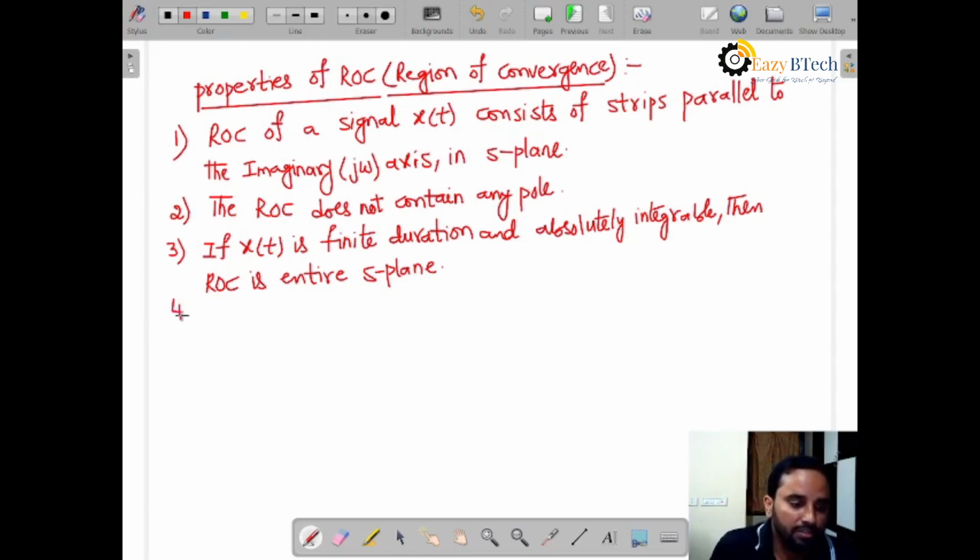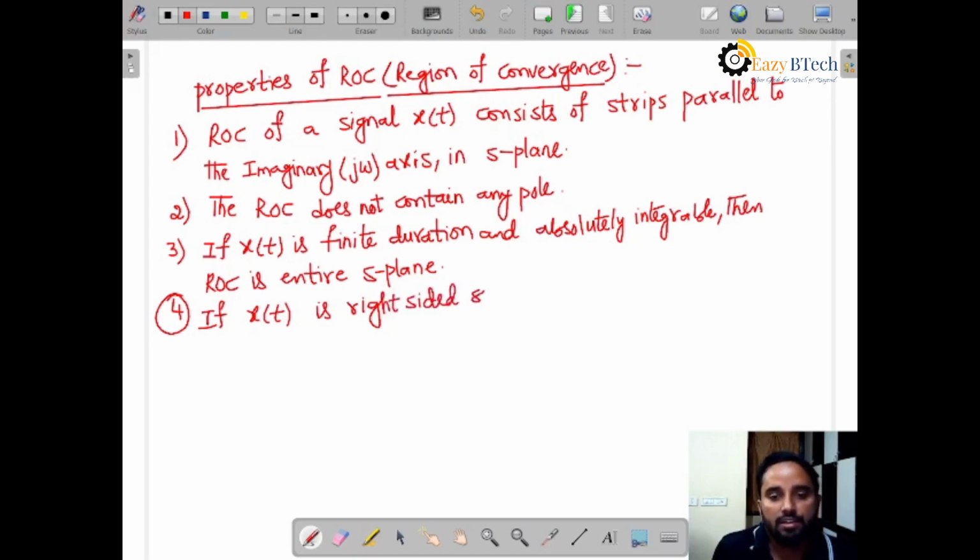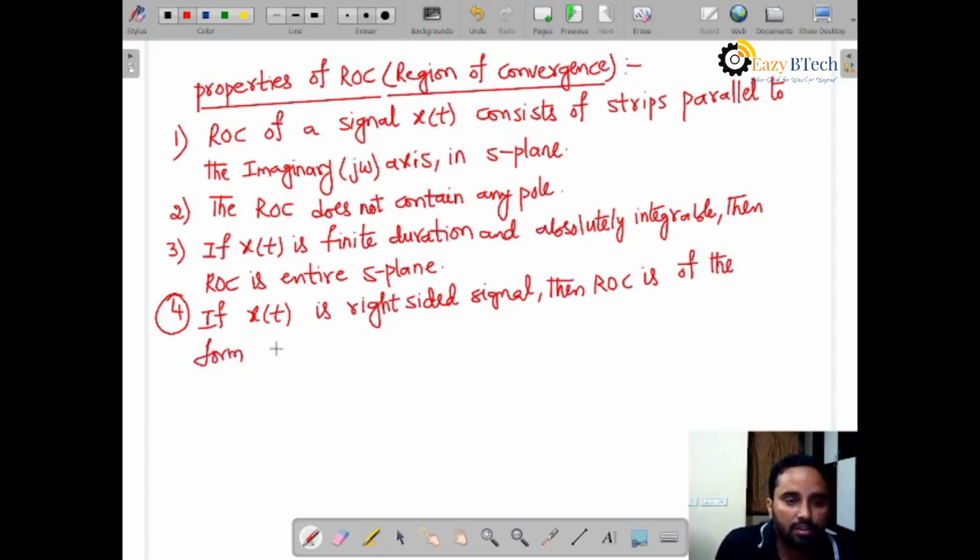And fourth point, if x of t is a right-sided signal, then ROC is of the form: real part of s greater than sigma maximum.